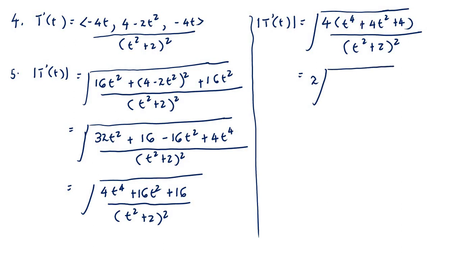Try to find out: t power 4 plus 4t squared plus 4 is t squared plus 2 squared. Okay, numerator square root of 4 is 2, and t power 4 plus 4t squared plus 4 factors out as t squared plus 2 power 2, divided by t squared plus 2 power 2. So the answer we have: the magnitude of T prime t is 2.